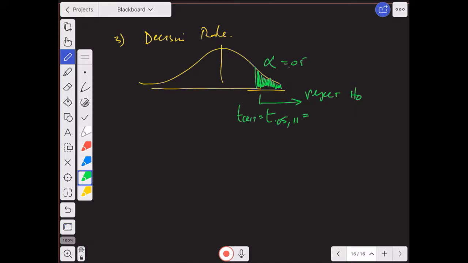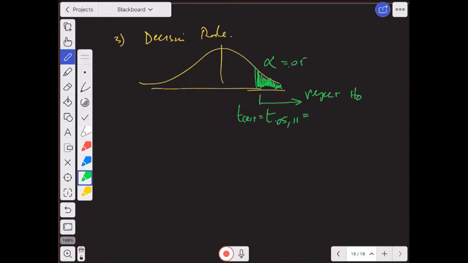So let us figure out what that is. Give me 1 second. I'm going to pull up my t table here and tell you exactly what our critical value is.